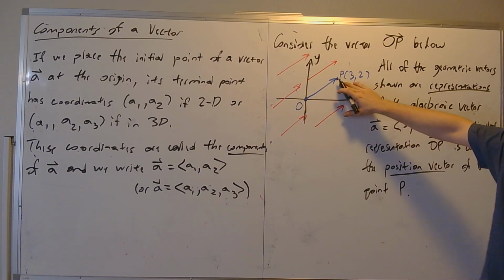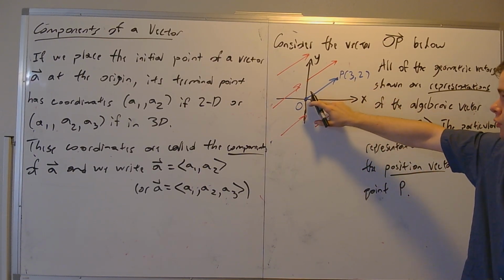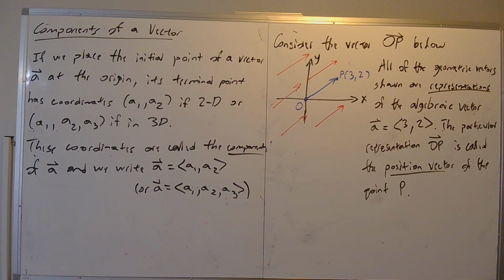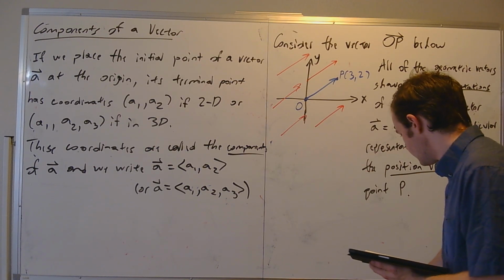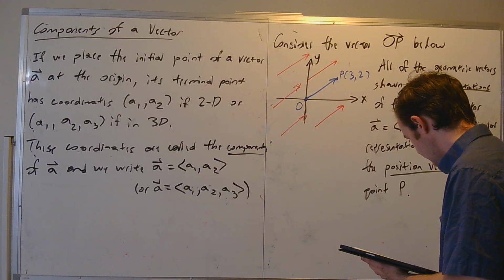So this was our point, and the position vector of this point is exactly the blue line that I drew there.